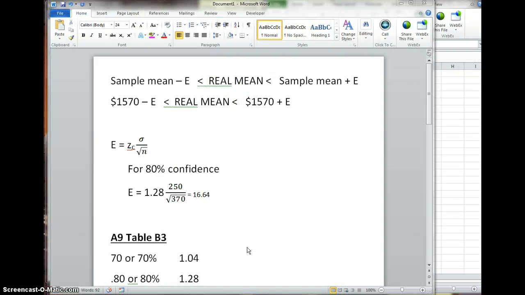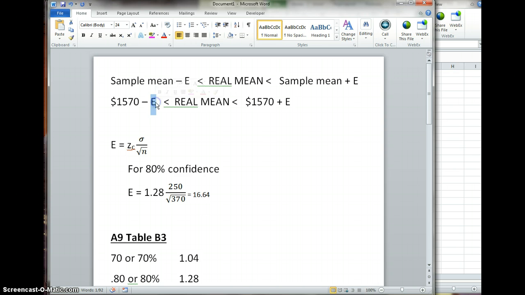All right, so if we're using the formula on page 342, it's in that gray box. So remember, what we're trying to do is to find the real mean. What's the real average for the claim paid? And what we're going to use for our guess is our average for our sample minus some number, and our average from our sample plus some number, and say the real mean is somewhere in between there.